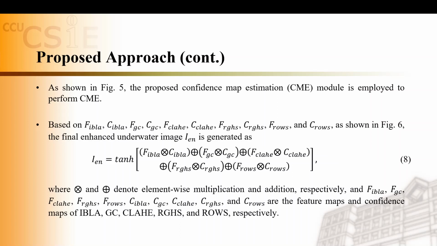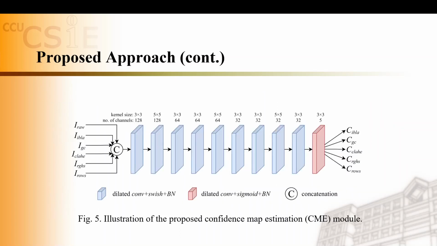As shown in Figure 6, based on the previously attained maps and features, the final enhanced underwater image IEN is generated as equation 8. This shows the proposed confidence map estimation module.